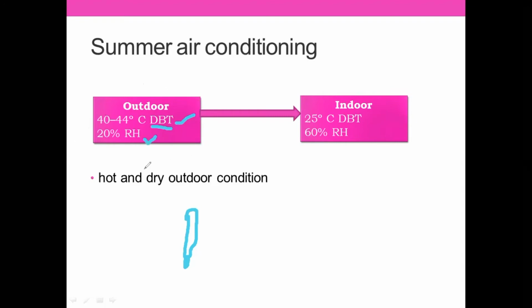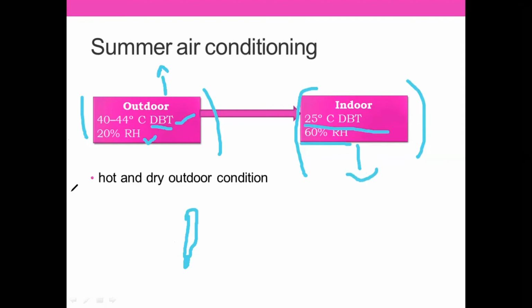So if your outdoor condition is in this range, you have to go for the summer air conditioning system. In all air conditioning systems, the indoor condition will be 25 degrees Celsius dry bulb temperature and 60% relative humidity. This is the standard which gives the thermal comfort condition for human beings. Okay. So this is the hot and dry outdoor condition system.